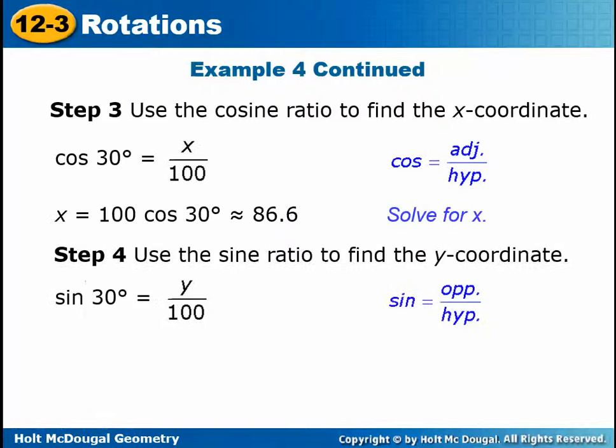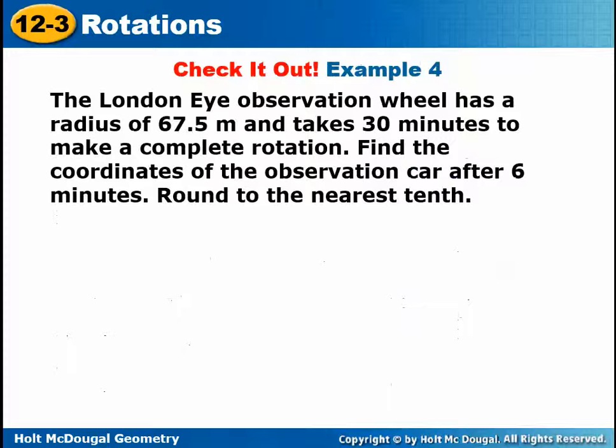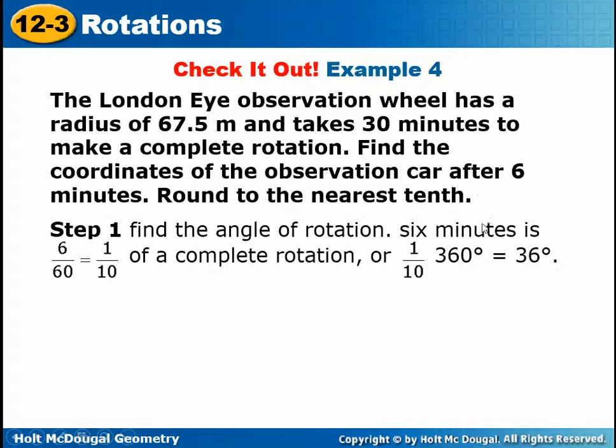All right, moving on. Here's one more example of that kind of optional thing. The London Eye, that's just a really big Ferris wheel that they have in London. It has a radius given, and it takes 30 minutes to make a complete rotation. Find the coordinates of the observation car after 6 minutes. So the angle of rotation is 6 over 60. Why is it 6 over 60?